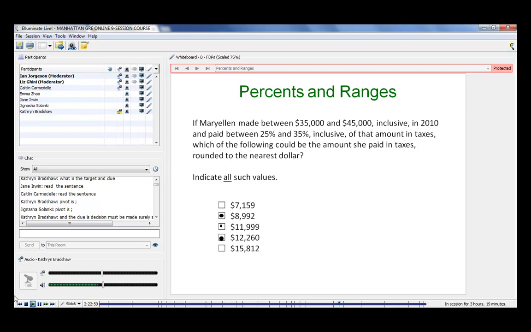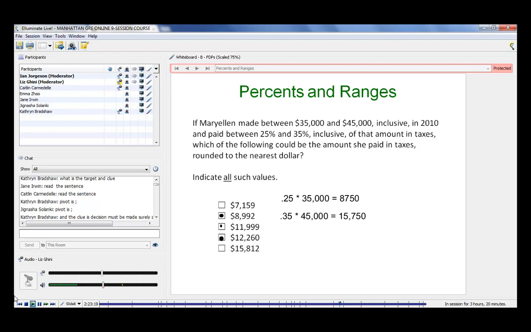You take 25% of 35,000, and then you take 35% of 40,000. And for the bottom half, you get 8,750, and then for the top half, you get 1,750. Great.